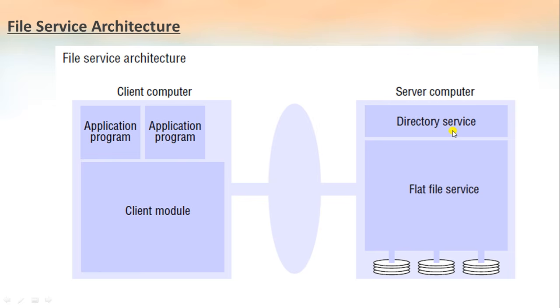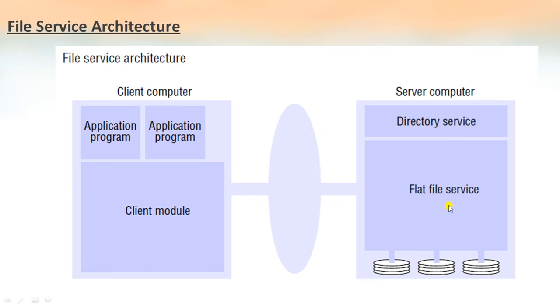The directory service will map that file name to the particular UFID and will store that file name and UFID in the directory service, and this particular file will be stored in the database by the flat file service. In this way a new file is created.